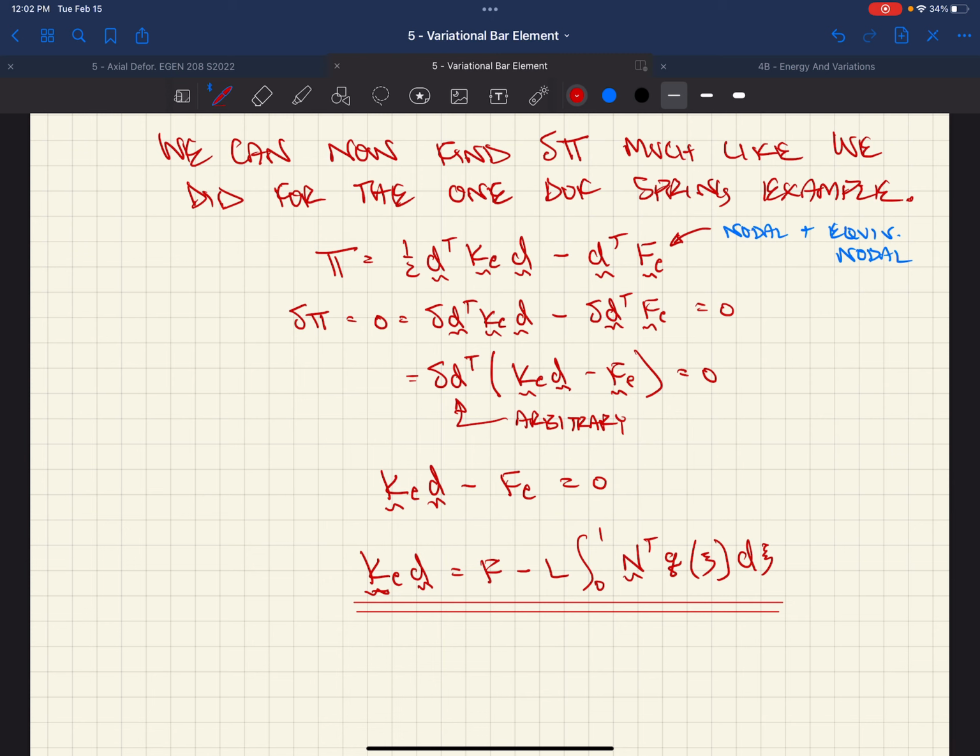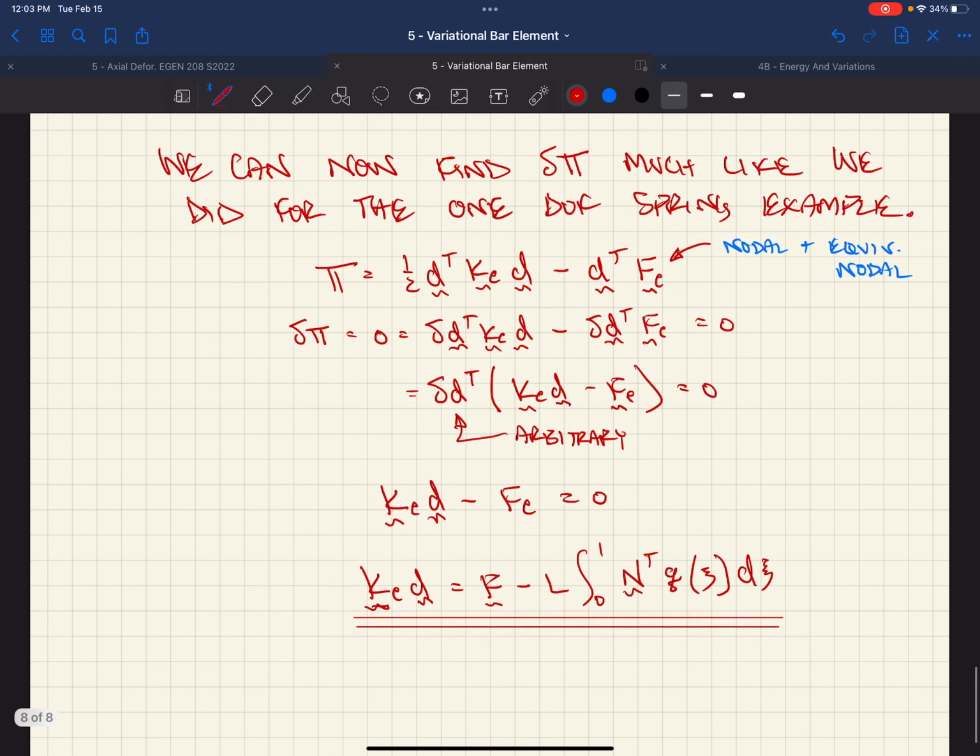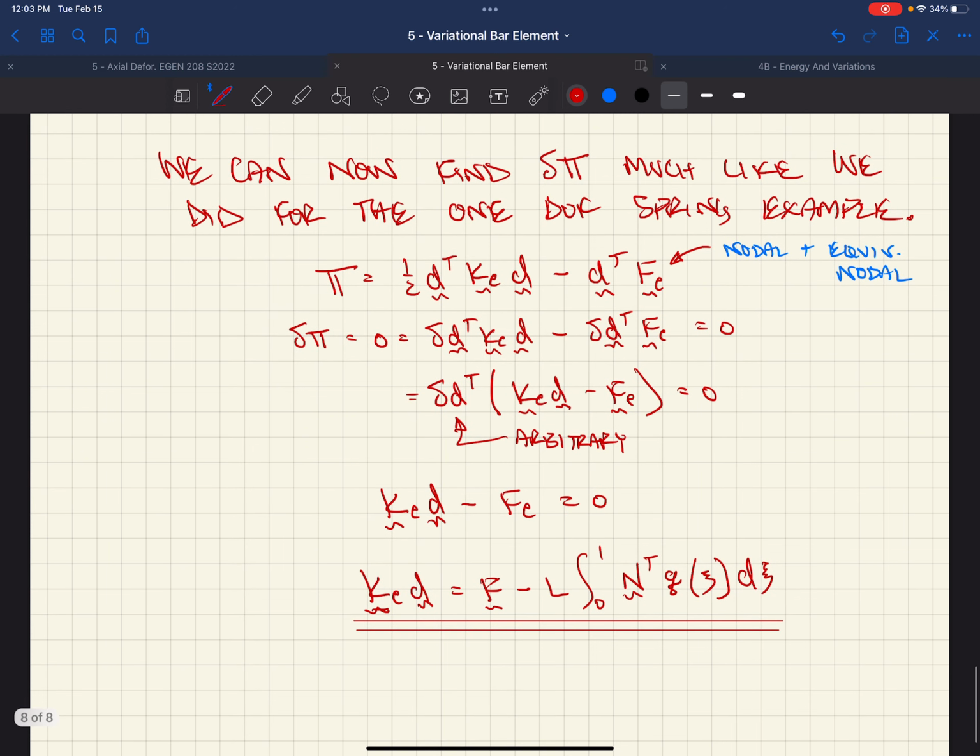So it's essentially the same equation that we got before, but now we included, in this force matrix, this uniform load that's acting along our bar element.